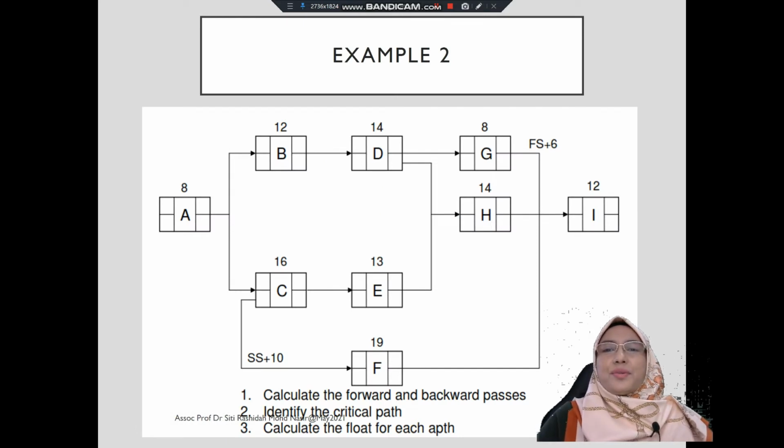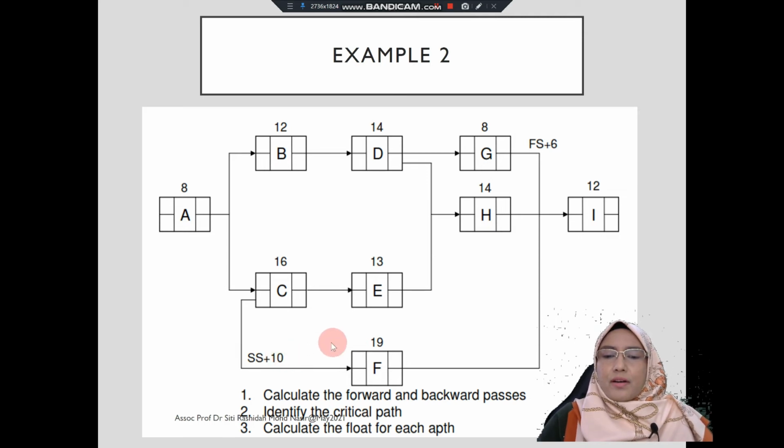Okay, now let's try example 2. We have 9 activities altogether from activity A right up to activity I with the duration on the top here. And in this example, we have 2 types of relationship, which are finish to start 6 days and start to start 10 days.